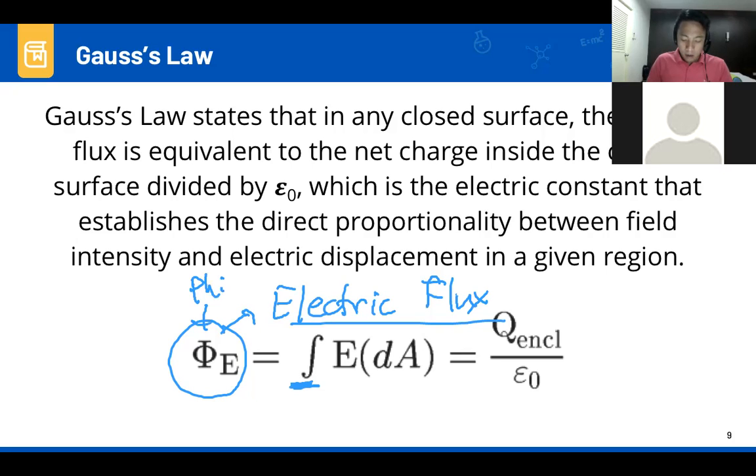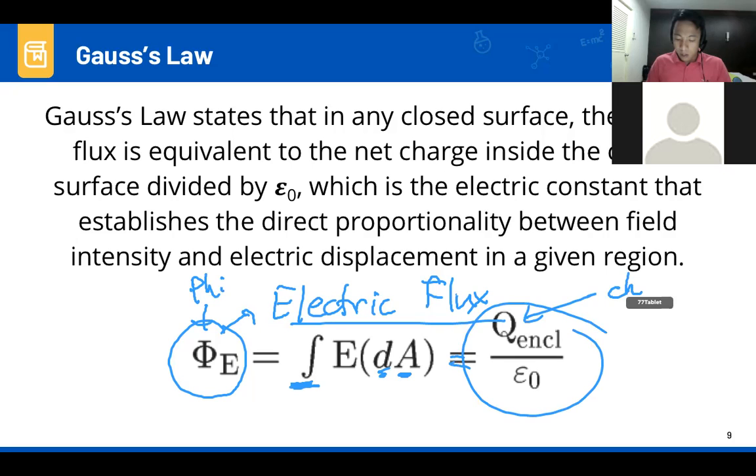The integral of the electric field, multiplied by the dA, or the area that is enclosed. Okay? Or as simple as the quantity Q, this is what they call the charge. Q is the charge enclosed over this E0.